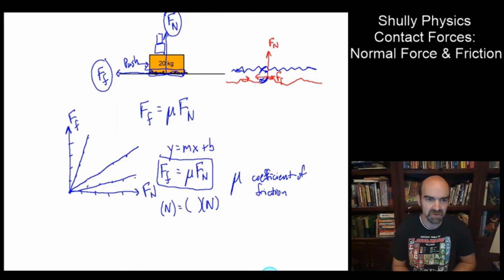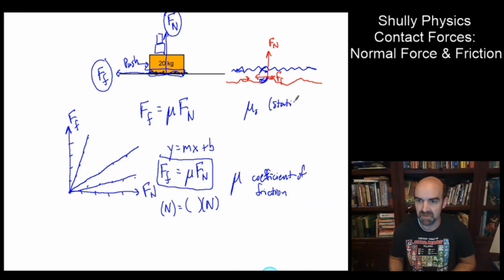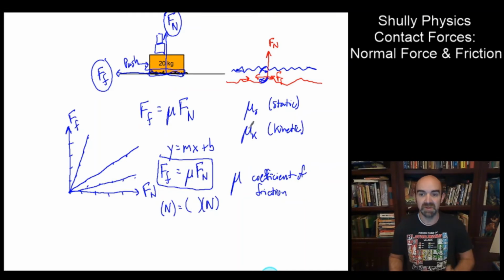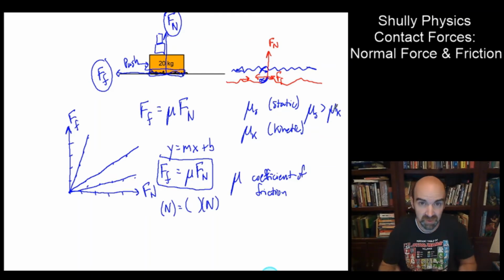So there's an associated mu s, the coefficient of static friction, and mu k, the coefficient of kinetic friction. Now the static is going to be greater than the kinetic. Just remember that, because it's harder to get something started in motion than it is to keep it moving.